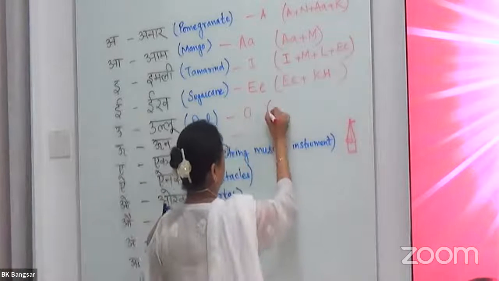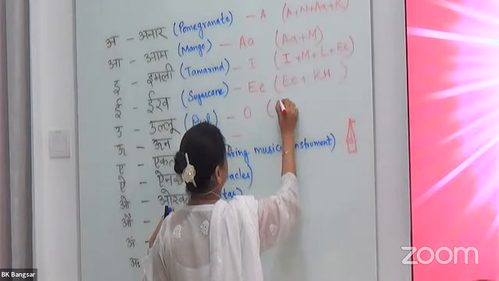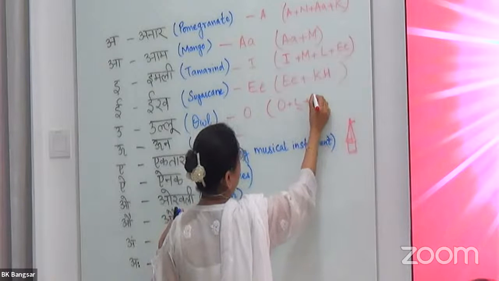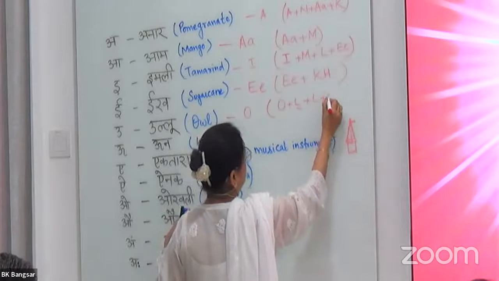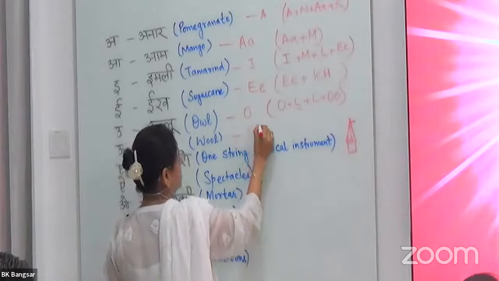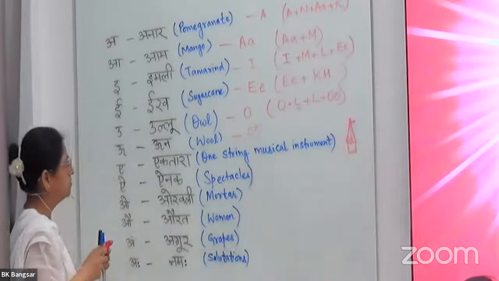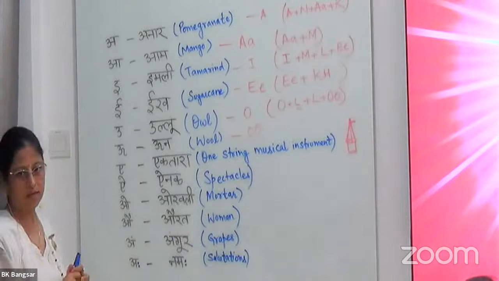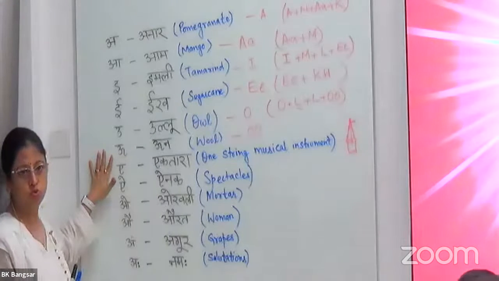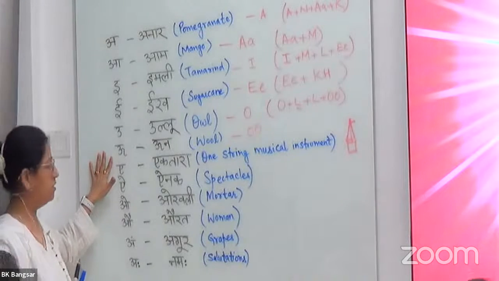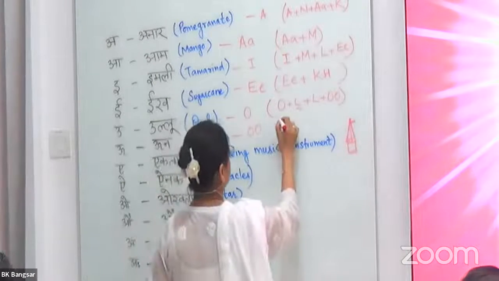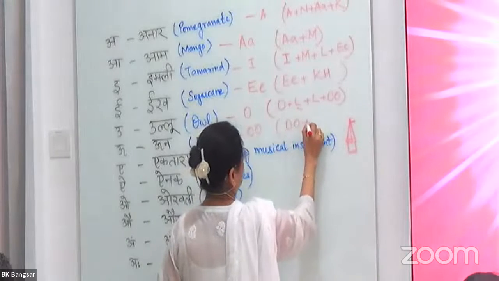And Ullu is half L, then full L, then double O. This is double O. Right? Then is oo, oon, wool. So how do you pronounce it? Oon.